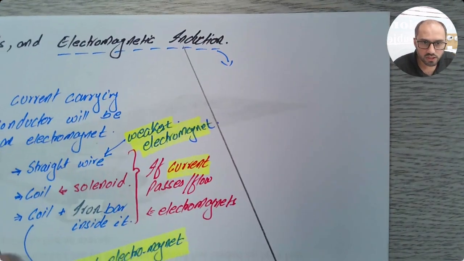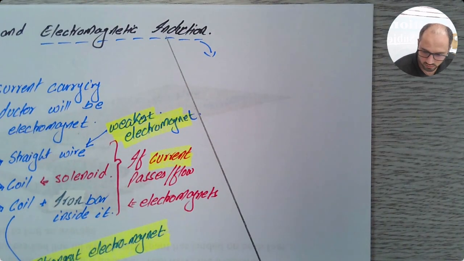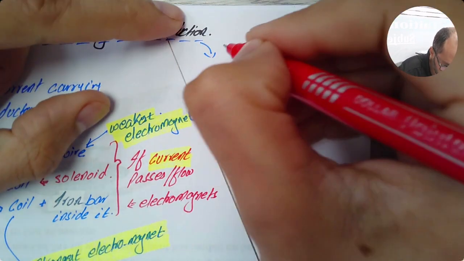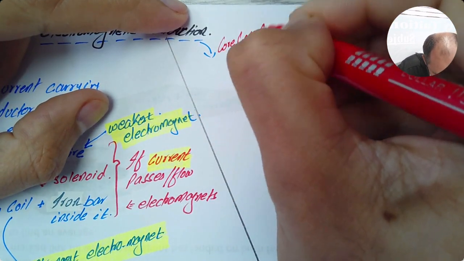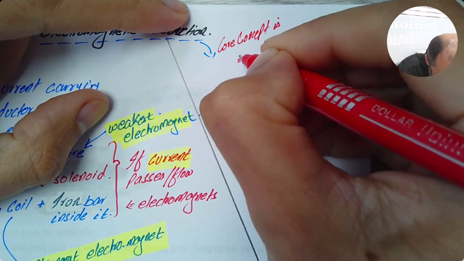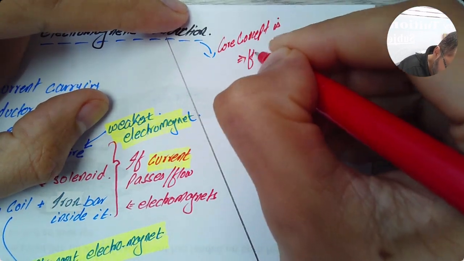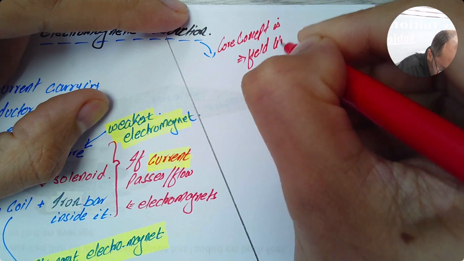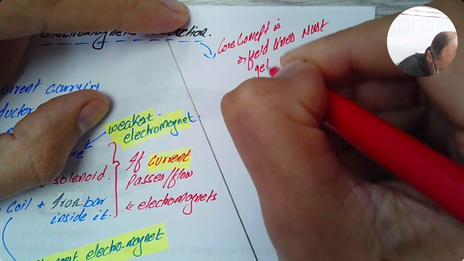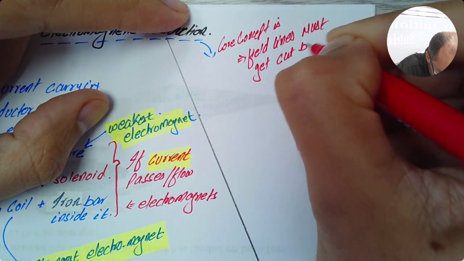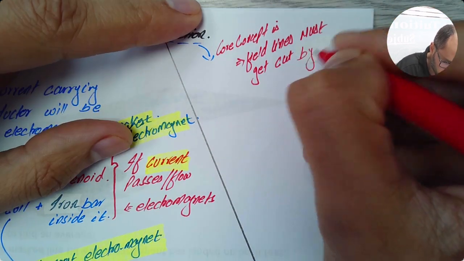So when it comes to electromagnetic induction, you have to remember the core concept here is field lines must get cut by a conductor.